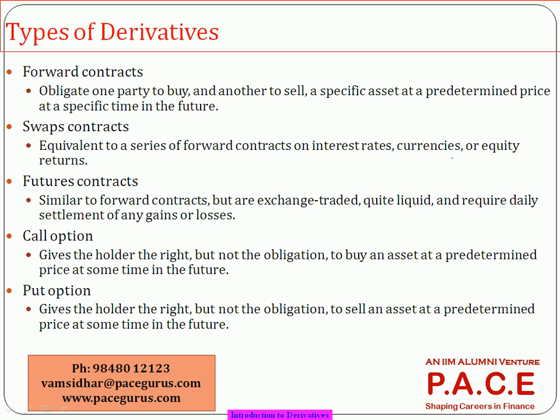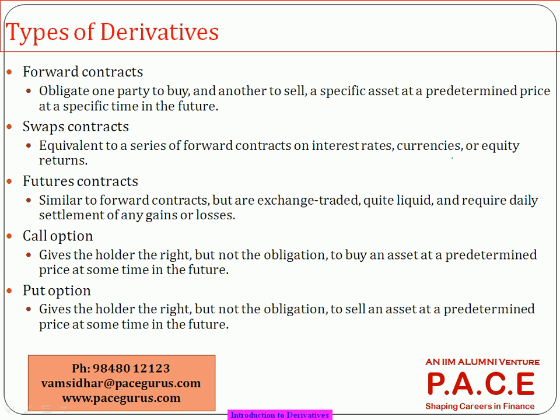But the only difference is, in a forward contract, you can think of getting into a contract for commodities, for stocks, for bonds, etc. Whereas in swaps, generally it is for cash flows. So both the parties exchange cash only. Like, probably I may say, I'll pay you some fixed rate on some amount. You pay me the floating rate on that amount.